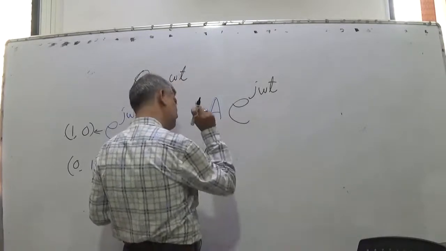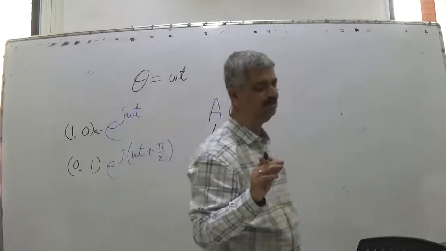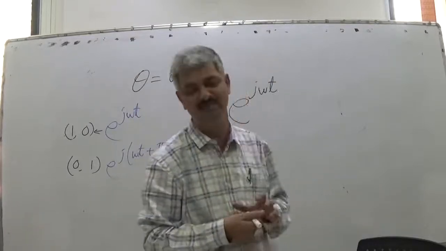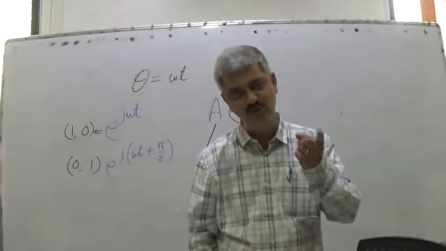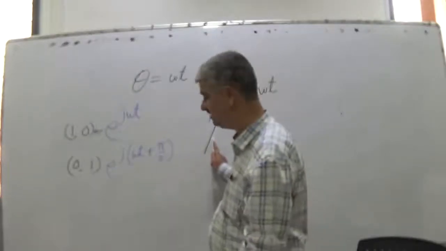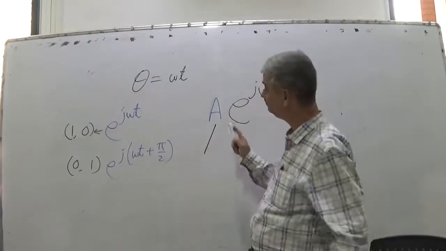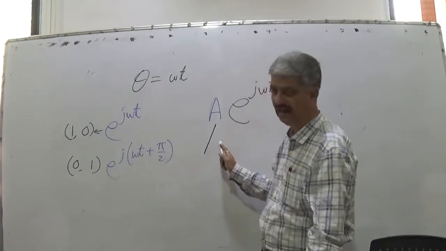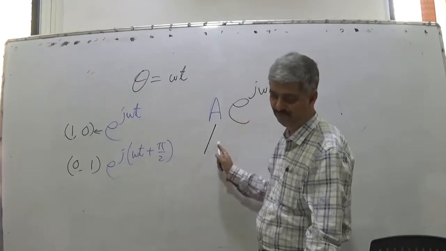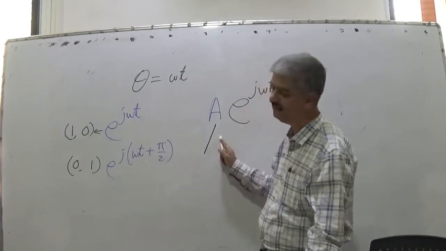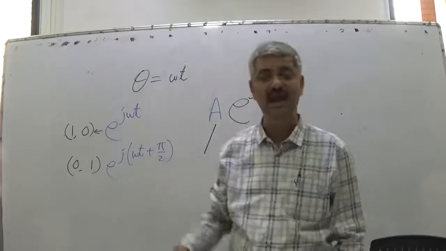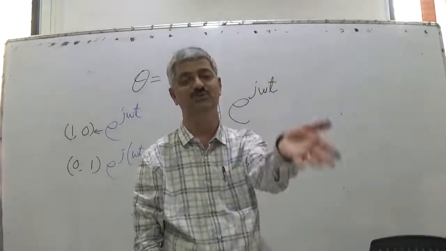In general, we can consider it to be a complex number. When it is a complex number, the magnitude of this is a constant, it is not changing with time. A doesn't change with time. So magnitude of A will give you the radius of the circle, angle of A will give you the initial position.